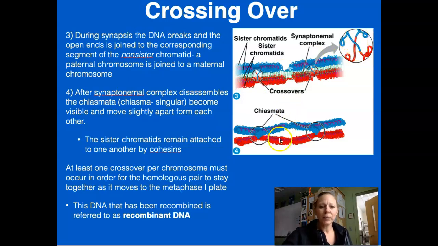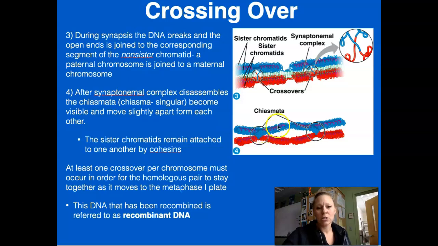Where they cross over, when the 2 chromosomes pull together, you can see at the chiasma, or multiple chiasmata, they're going to be stuck together. They're sort of sewn together. Here you can see that these synaptonemal complexes are not the same as cohesions.